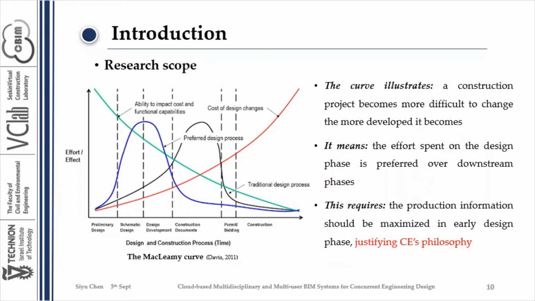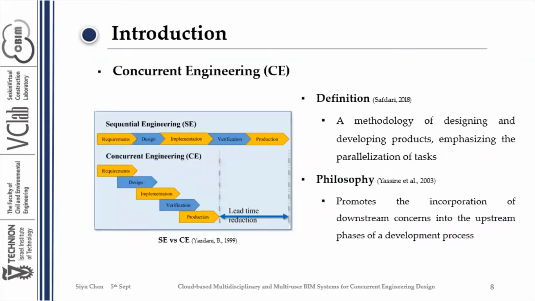And if you look at the blue curve, you can see that the effort spent on the design phase is preferred over downstream phases. And this requires the production information to be maximized in the early design phase. And it just helps to justify the concurrent engineering philosophy, as we mentioned just now.